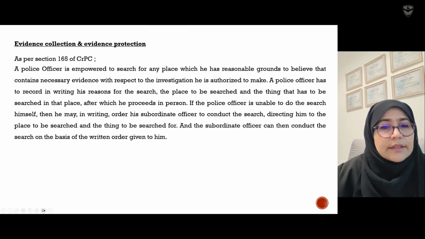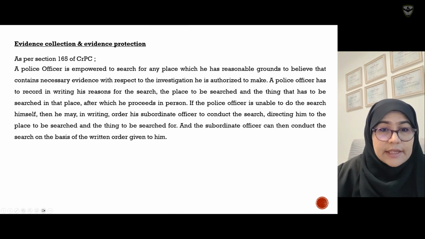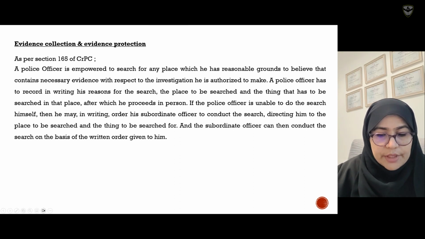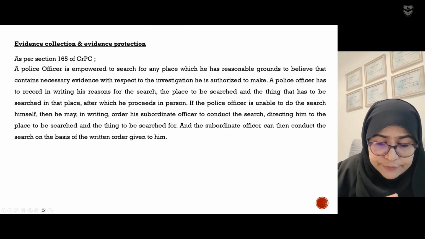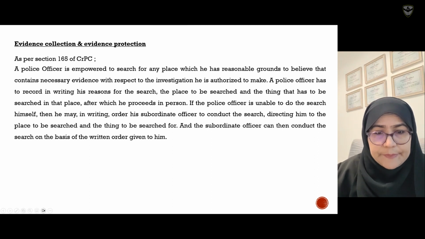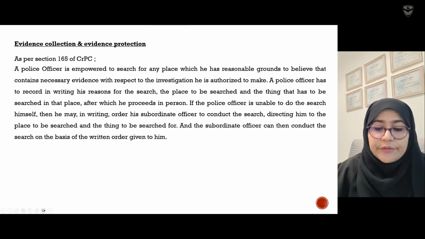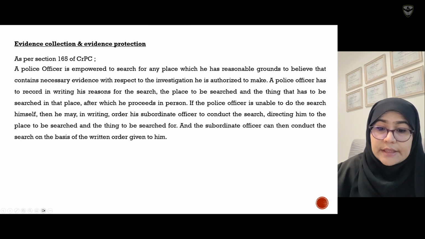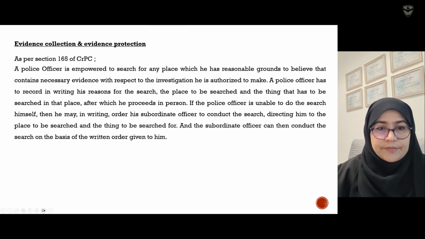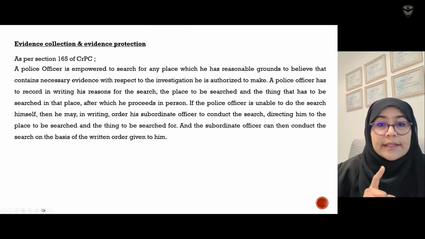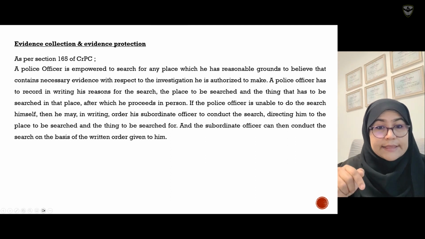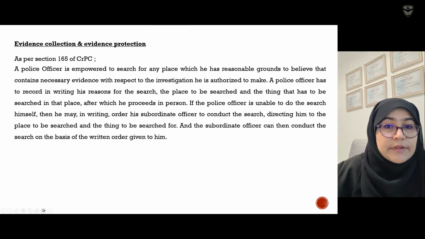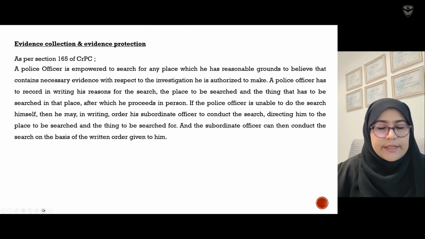So after this, the next step is evidence collection and evidence protection. As per section 165 of CRPC, a police officer is empowered to search any place which he has reasonable ground to believe contains necessary evidence with respect to the investigation he is authorized to make.